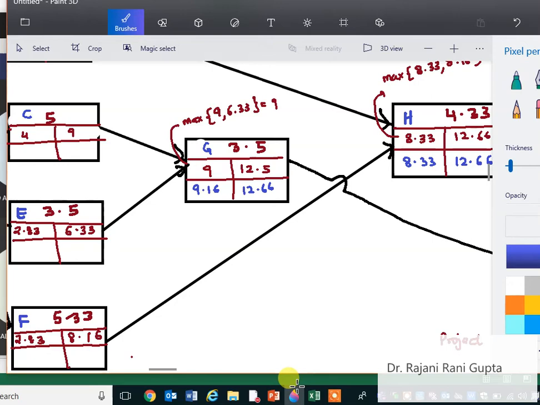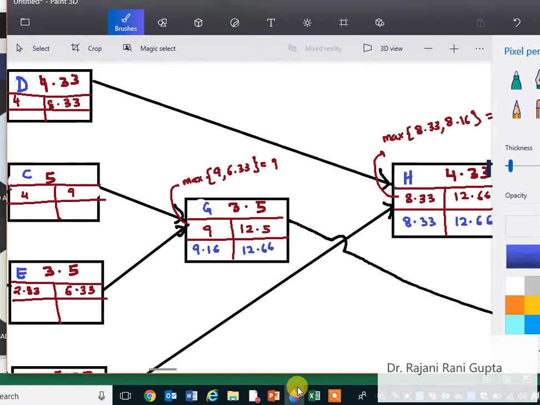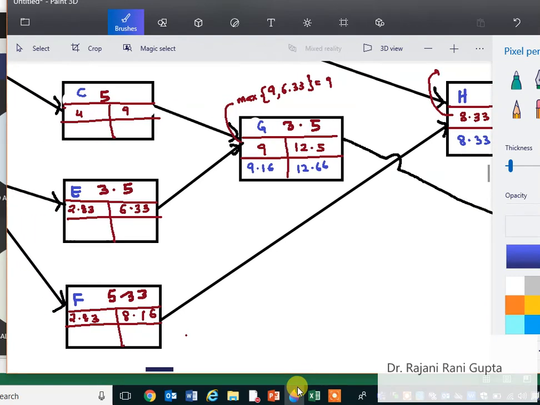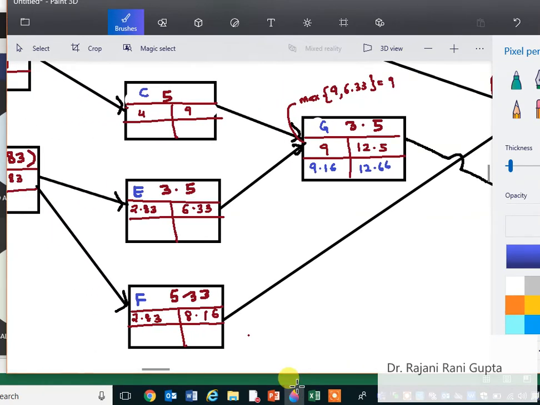Correct? Okay, now let's do this one. So here the time comes 9.16, here also 9.16 minus 5 gives you 4.16. Let me just write it properly. 4.16, and here we do the subtraction.